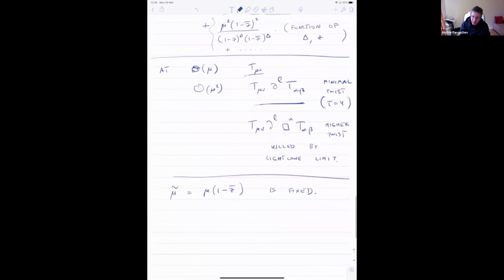This corresponds to taking mu to infinity and at the same time taking 1 minus z bar to 0. In this case, all of these minimal twist multi-stress tensor operators are retained, and this is the closest limit to what we observe in the 2D case. So this is the limit we're going to take.